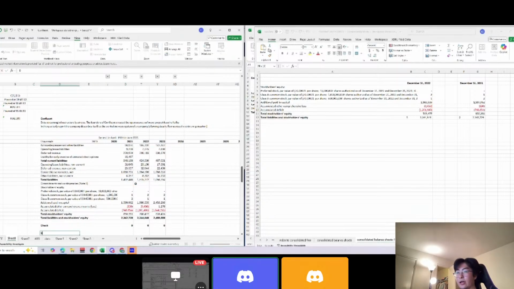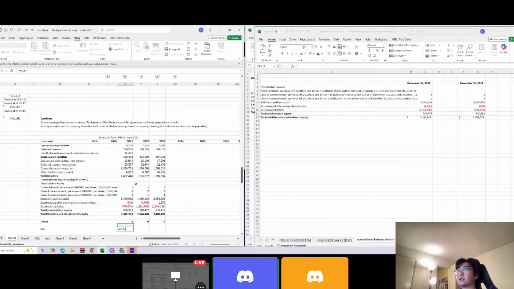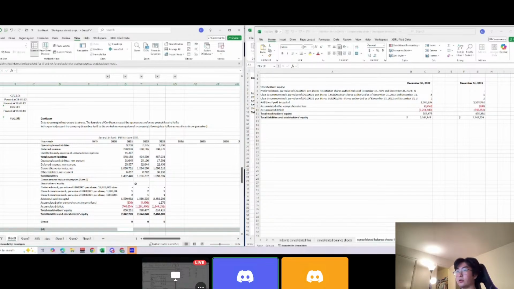Also, so debt to equity, it does seem like there's actually a decent amount of debt. So convertible senior notes, right? And then deferred.